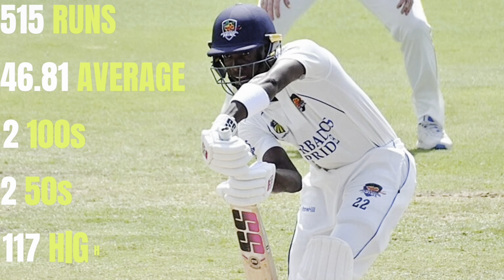So in terms of number 3, our middle order batter, number 3, number 4, number 5, right? There are some names that I want to mention. Jonathan Drakes from Barbados, he would have amassed 515 runs throughout the tournament at an average of 46.81.